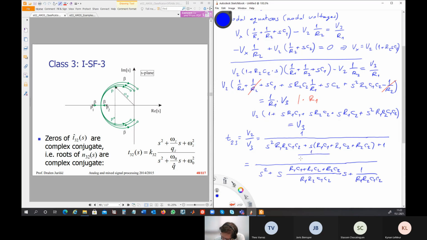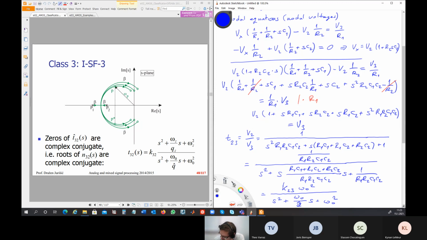In the numerator we have 1 over R1 R2 C1 C2. And then S squared plus omega 0 over Q hat times S plus omega 0 squared, and here must be omega 0 squared times K, let's call it K3.